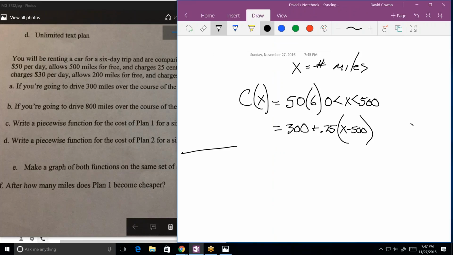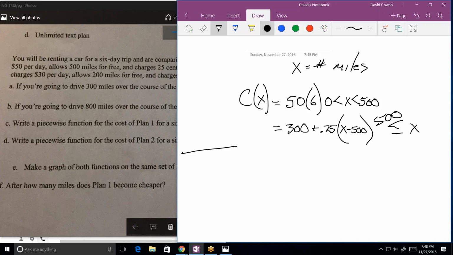X has to be at least 500. Greater than or equal to 500. And in fact, if that's the plan we're choosing, that's our cost. There's only two parts to that piecewise function. If X is in this range, it's $300. If X is in this range, it's $300 plus 25 cents times every mile in excess of 500, which is X minus 500.